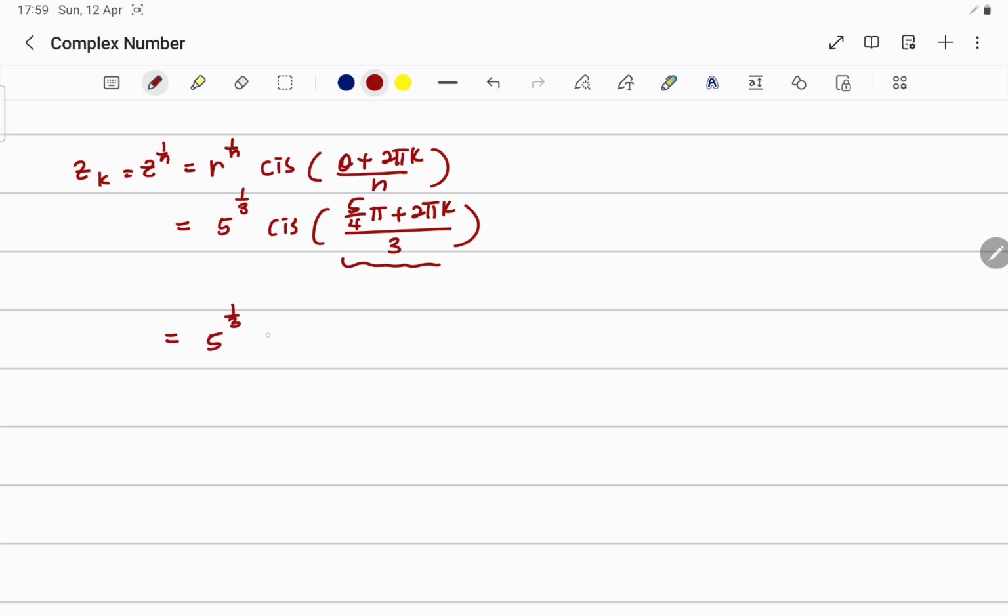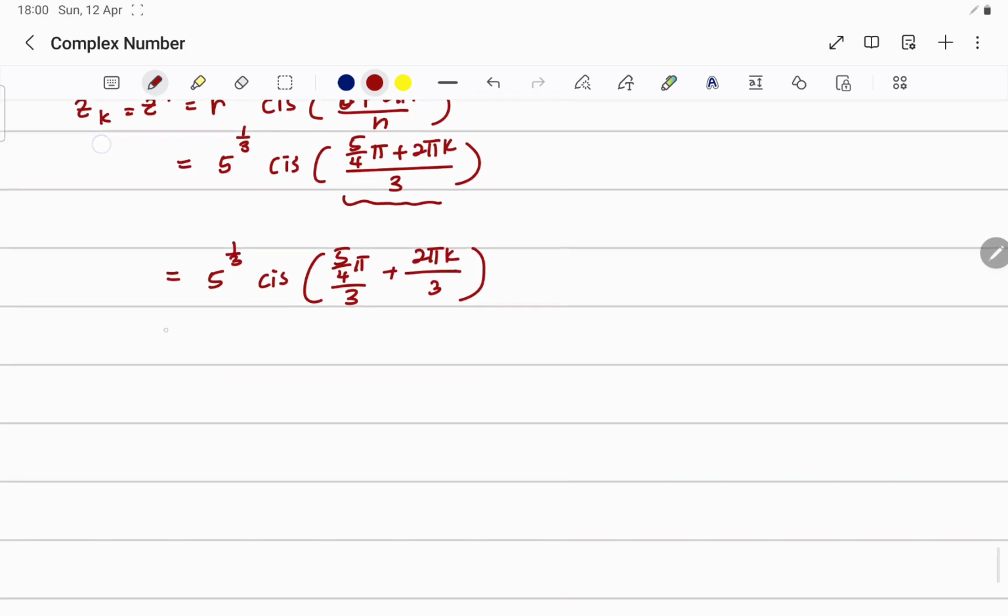So 5^(1/3) cis, you divide 5 over 4 pi by 3, plus 2 pi k over 3. Here 5 over 4 pi divided by 3, you're going to get 5 over 12 pi plus 2 pi k over 3.